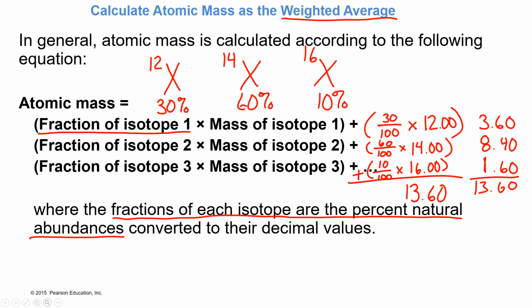The abundance just means how often we see it in nature. So 30% of the time we find X12, 60% of the time we find X14, and 10% of the time we find X16.